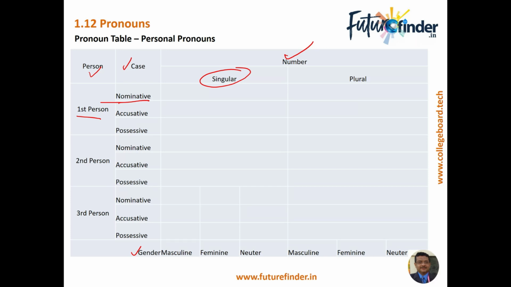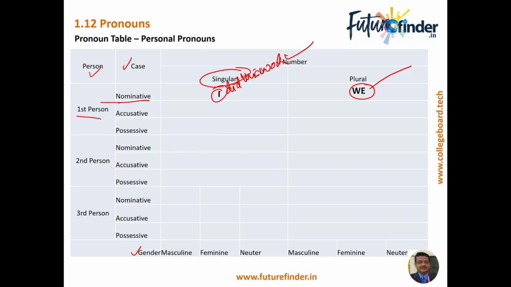So for the nominative case singular, it would be I. You can understand that I did this work. If there are two of us who have done it, in the nominative case I would say we did this work. So the plural is we.